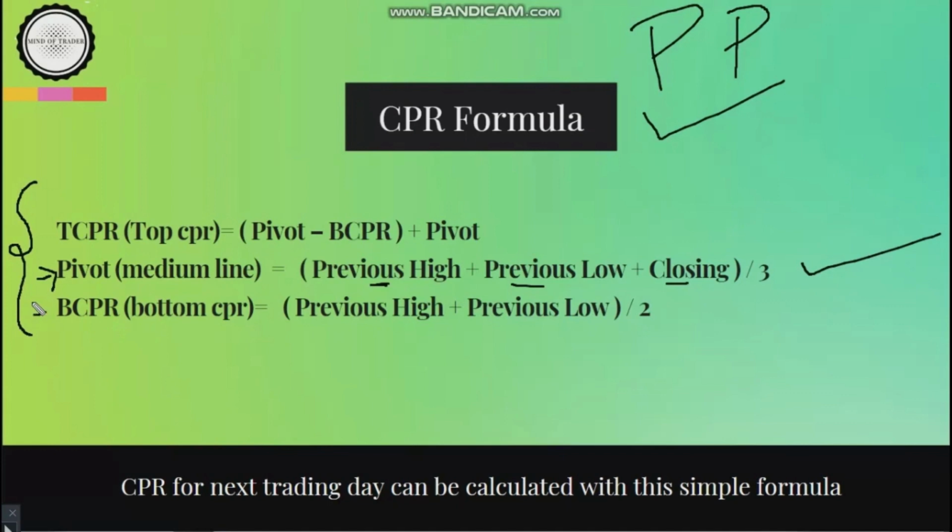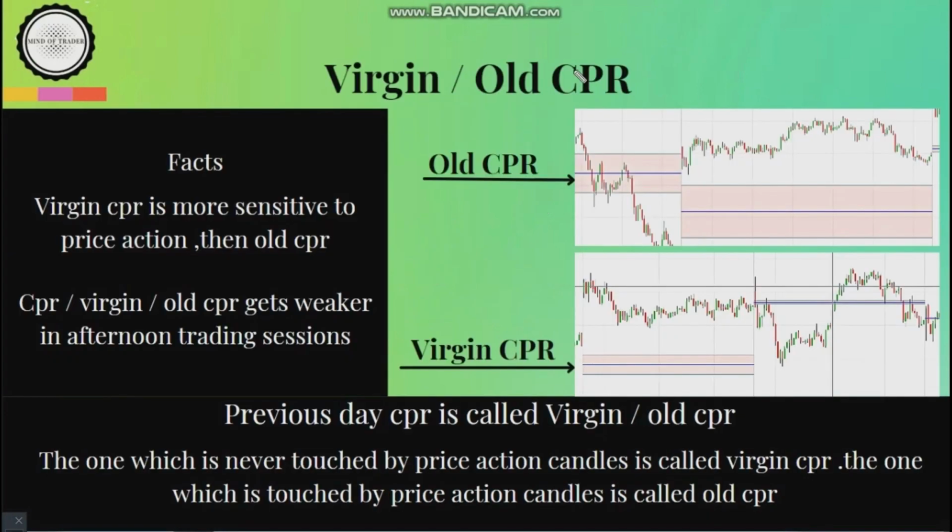Then you have to calculate the bottom CPR: the previous high plus previous low divided by 2 will give you bottom CPR, and for top CPR, pivot minus bottom CPR plus pivot. These three figures will give you the CPR. You actually don't need this formula. However, for some reason, if you need to gauge next day market, you can do that. Yeah. So the next topic is virgin CPR and old CPR.